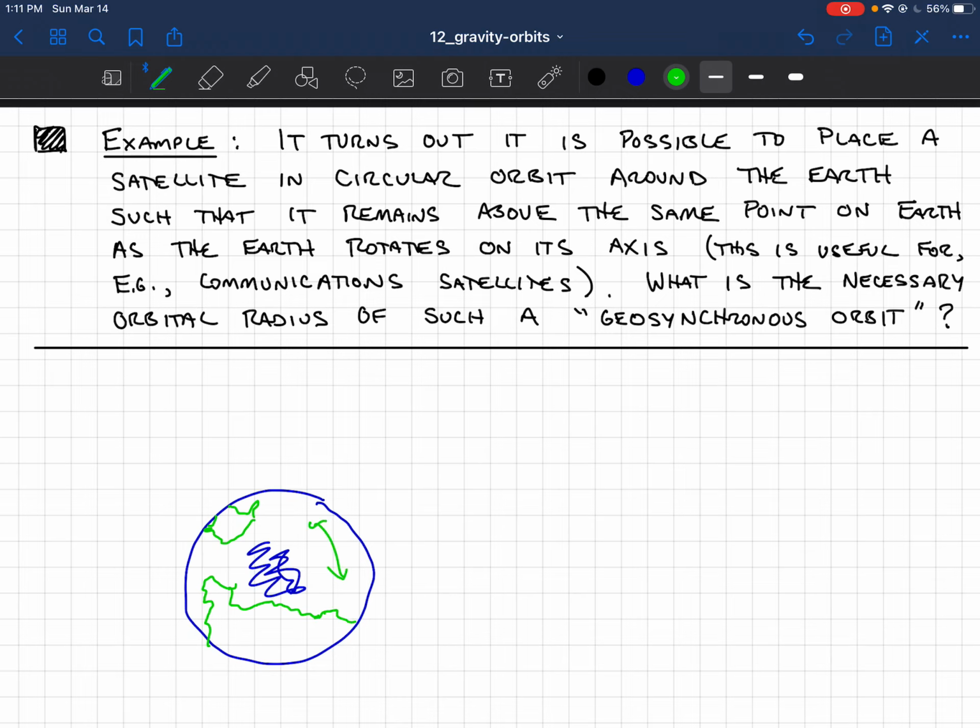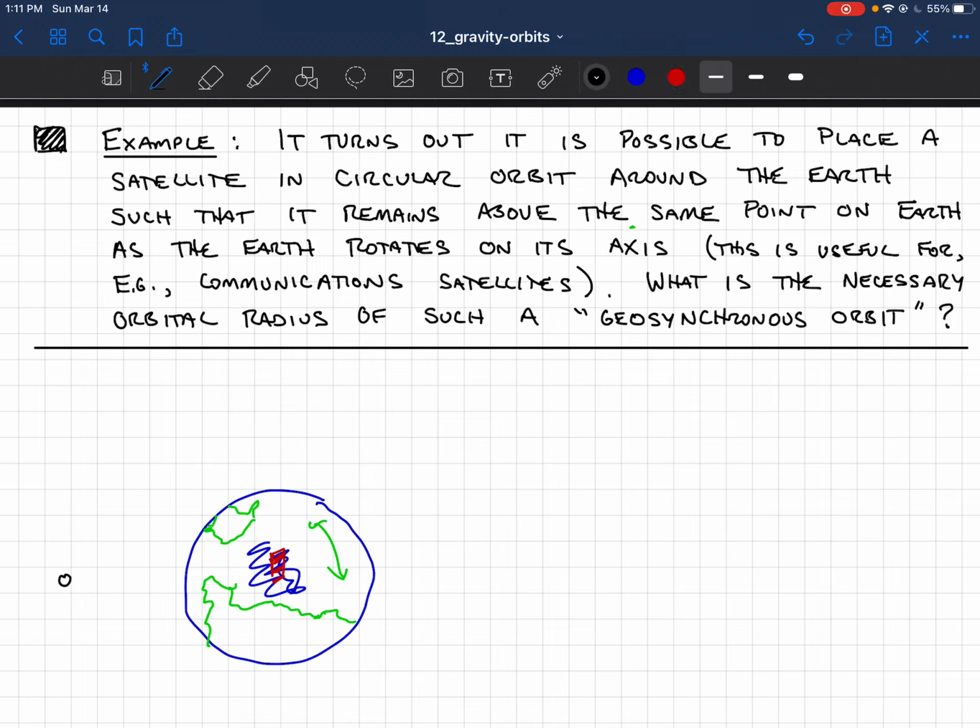Oh dear, Russia is very far away from Alaska in my picture. Anyways, we're looking down on the North Pole here. I guess I should have just drawn the North Pole here. So here's the North Pole. We're looking down on the North Pole of the Earth.